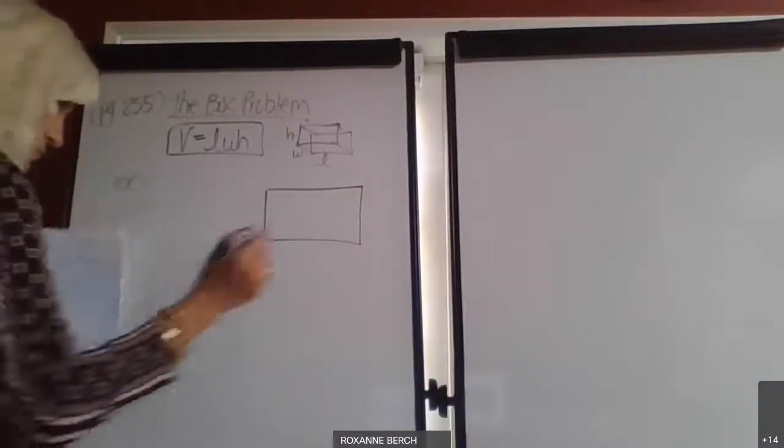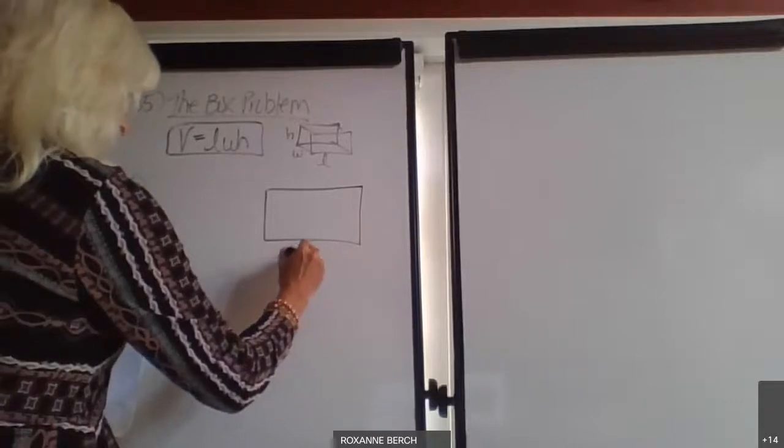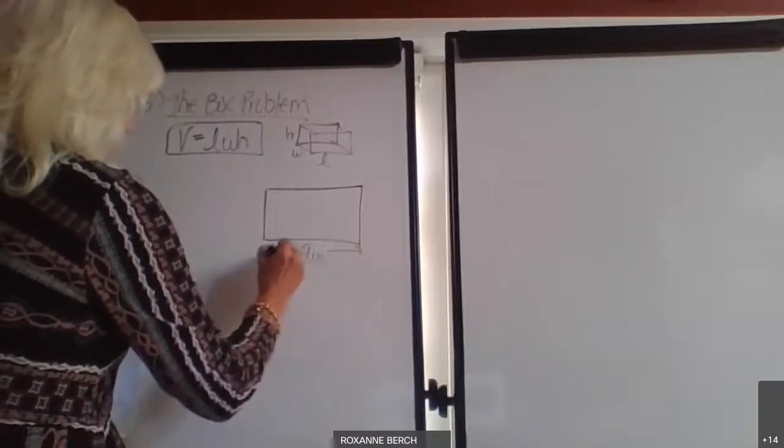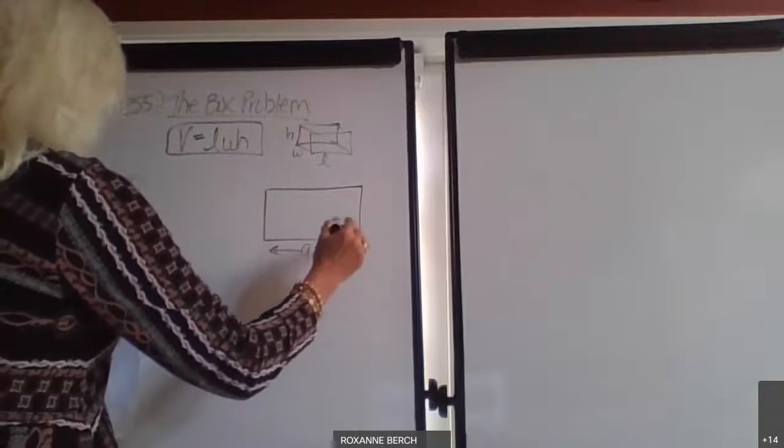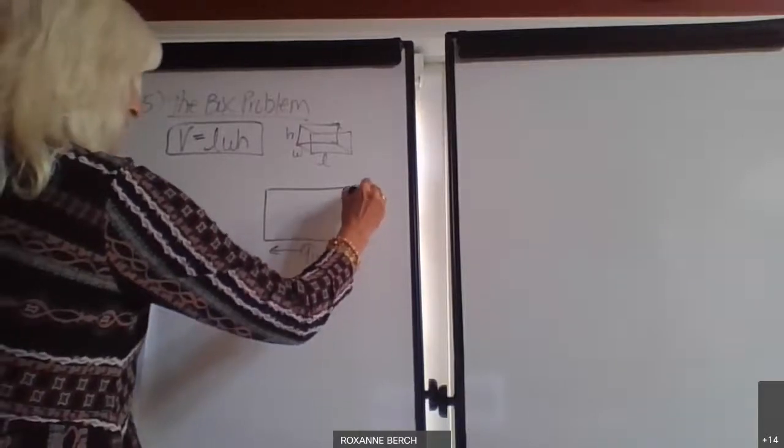Okay. So the length of the box is 9 inches from there to there. And the width of the box is 5 inches from there to there.